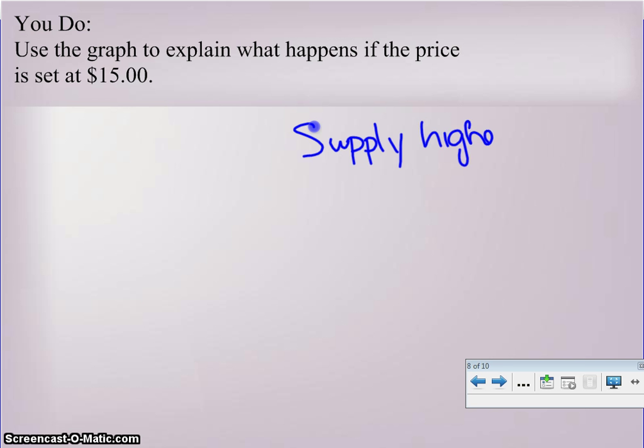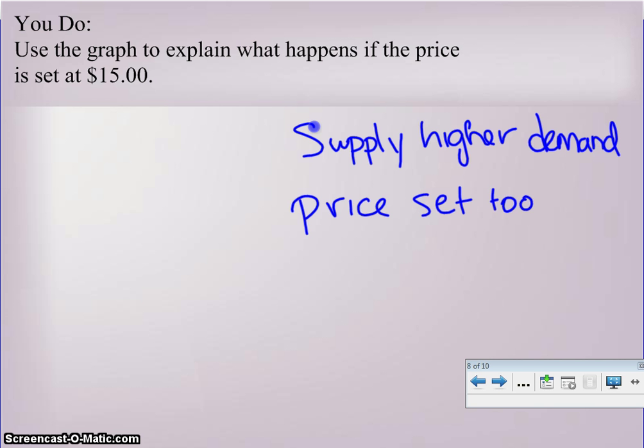Supply is higher than the demand. So what does that mean in everyday language? The price was set high, and it was set too high for people to want to buy it, so there was an overage of product.